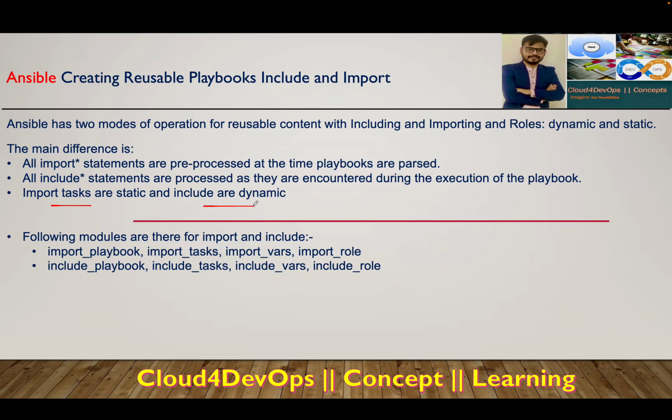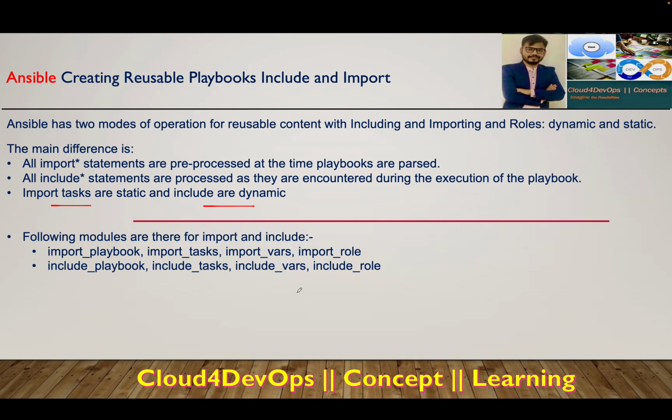Include statements are called during execution, like at runtime. But for import statements, we are already defining that and calling that task within our playbook. That's why these are static and dynamic. Again, from the interview perspective, import tasks are static, include tasks are dynamic.